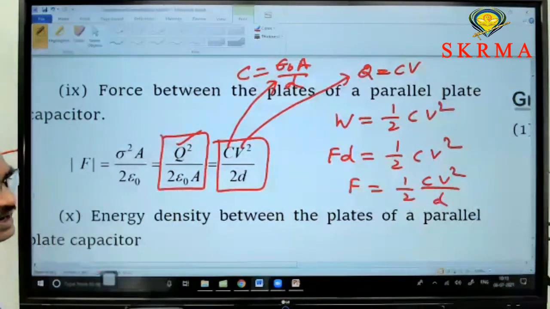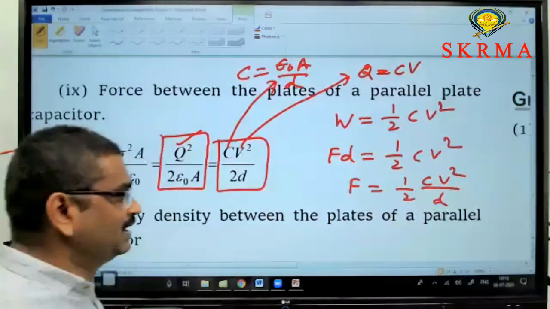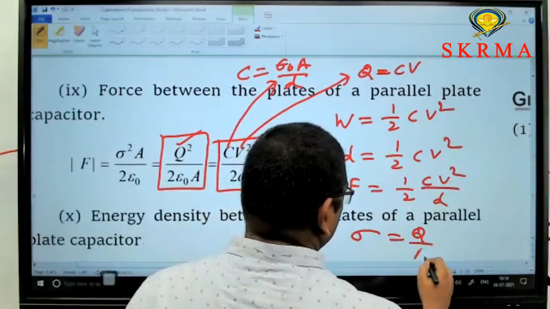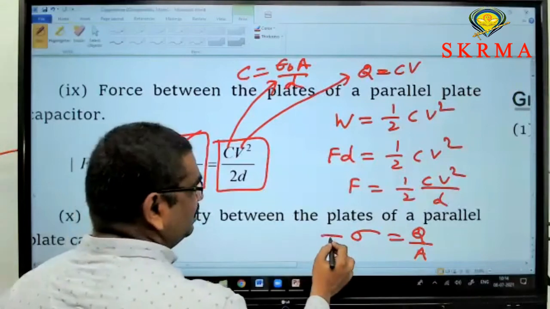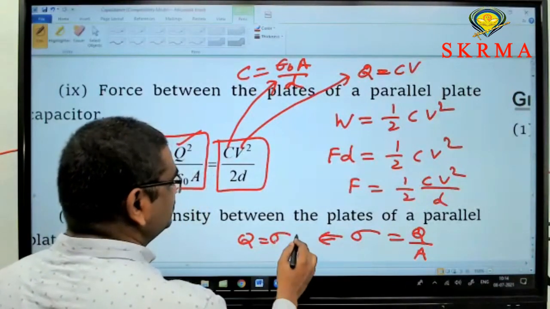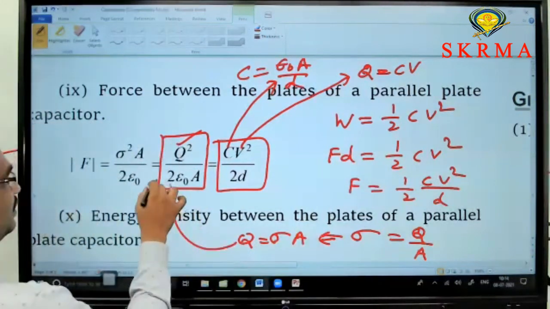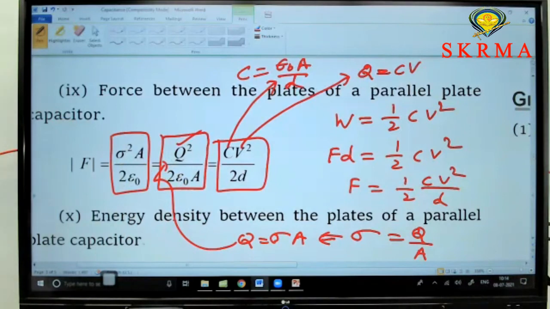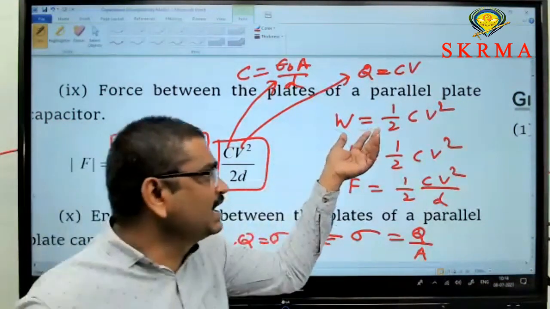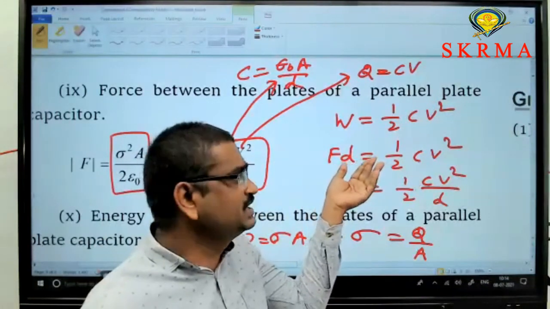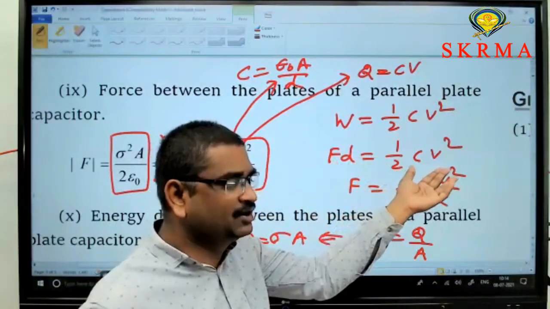Sigma equals Q by A. From this equation, Q can be written as sigma into A. Substitute this value here, then you will get this equation. So what is the basic equation? Work done or energy is half CV square. Work done can be written as force into distance or displacement, equal to half CV square.